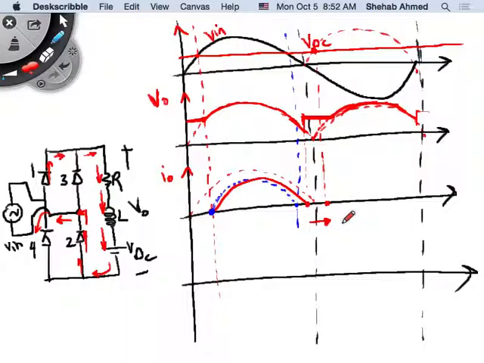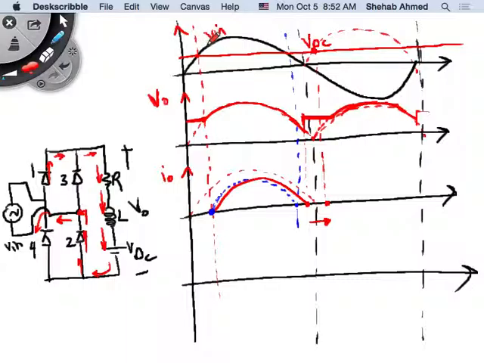But if you increase the DC source, you're impeding current from flowing, right? You're opposing the AC source that's creating the current flow. So if you oppose that, then you bring this point to the left. But if you're raising your DC, it's going to move your point over to the right.